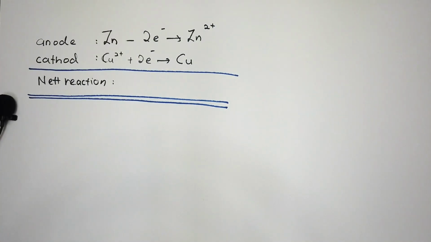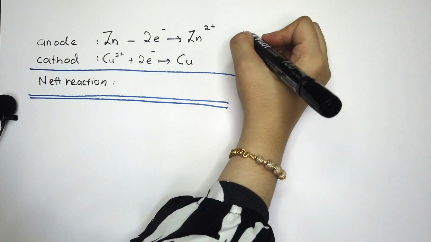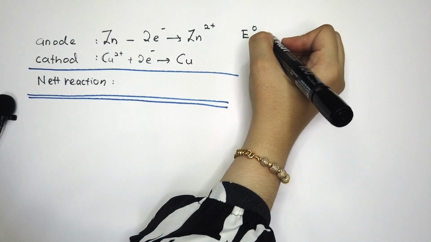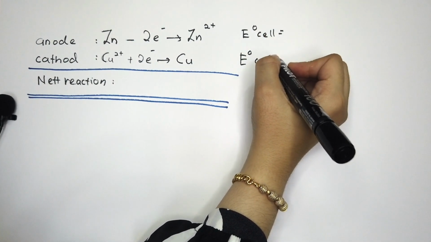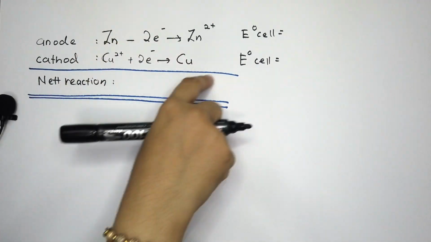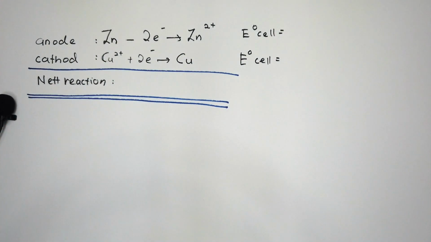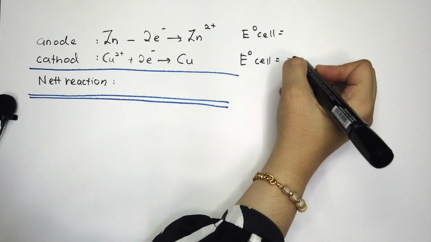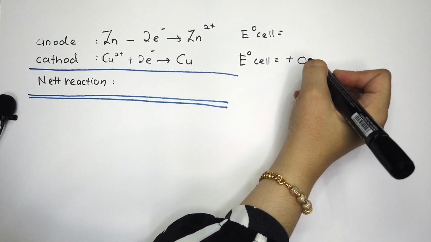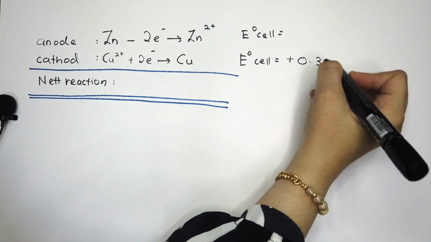Okay, now what else do we need to do? We need to write the E° cell. So this one we need the E° cell as well. Okay, for this one, because we don't change anything, the value stays the same at positive 0.34.